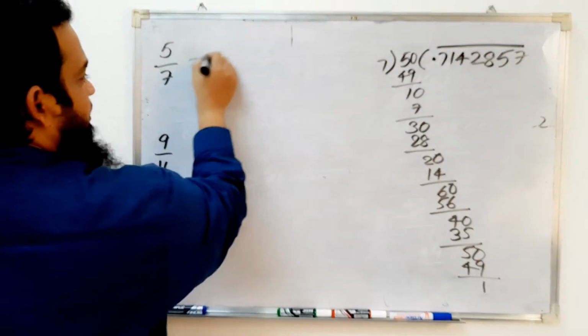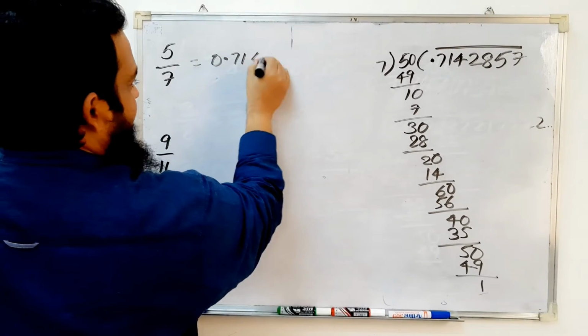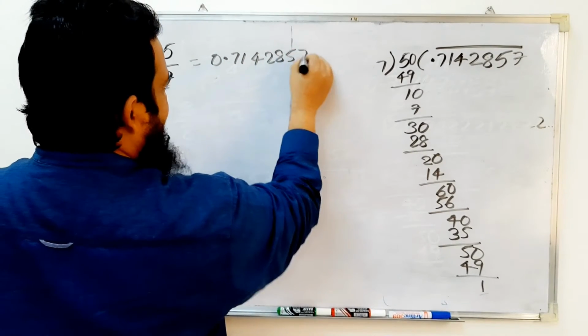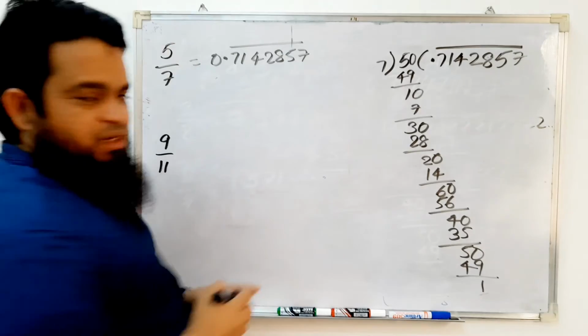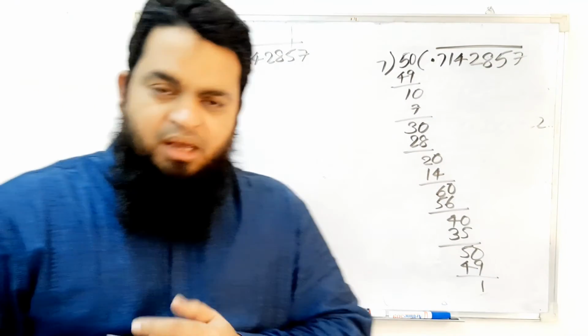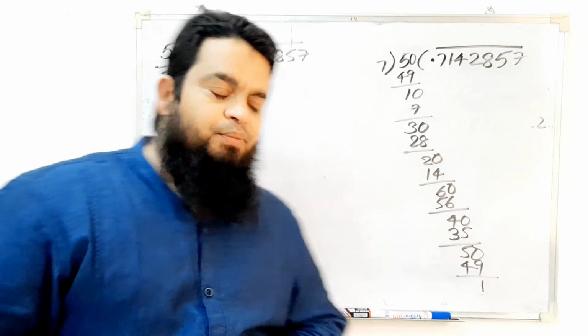That equals 0.714285. As we said, sometimes we get recurring as well as non-recurring decimals when we divide.